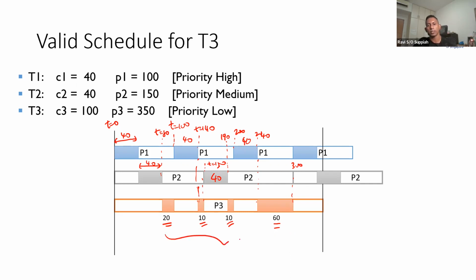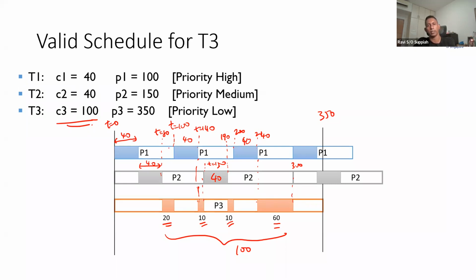Now, if I look at all of this, I actually have 100 units of time, which is what I need. Correct? I need 100 blocks of time for task 3 to complete before the deadline of 350, and I actually am able to do it.